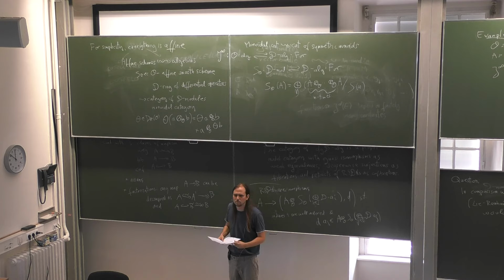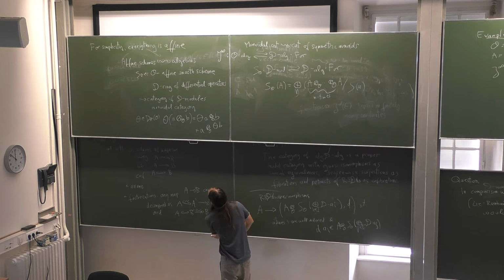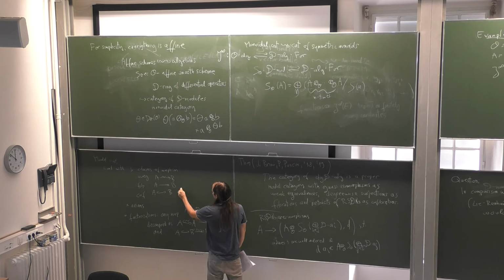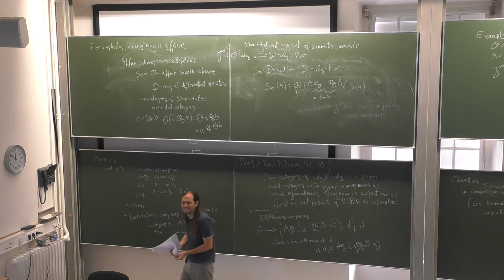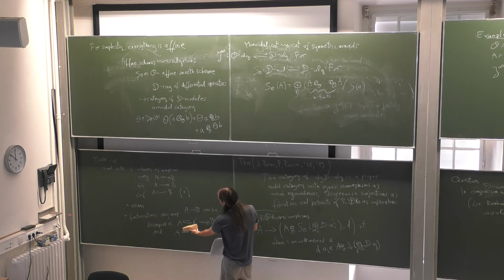If the image of A is a proper subset of B, then you explode it in the middle.